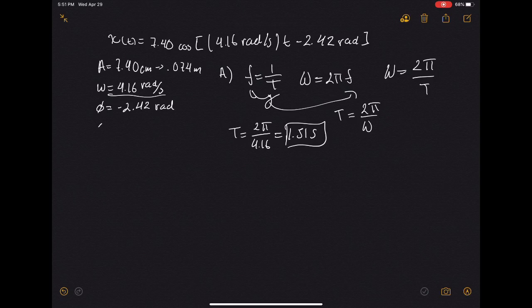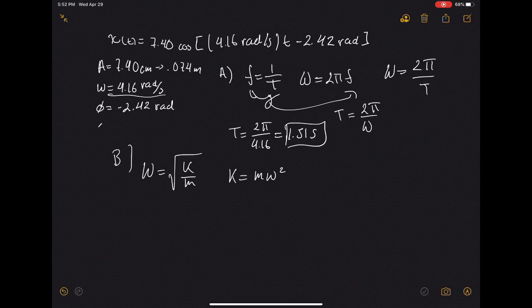Okay, for part B, it's asking to find the force constant of the spring. For part B, we will use this oscillation formula, and we have to solve for k to find the force constant of the spring. So that's k equals m ω squared.